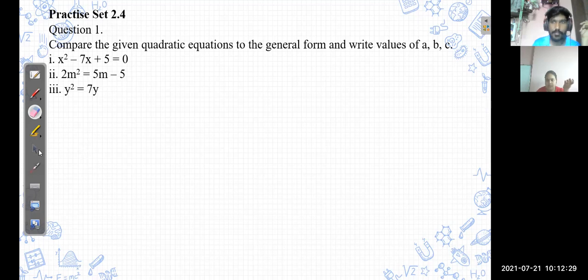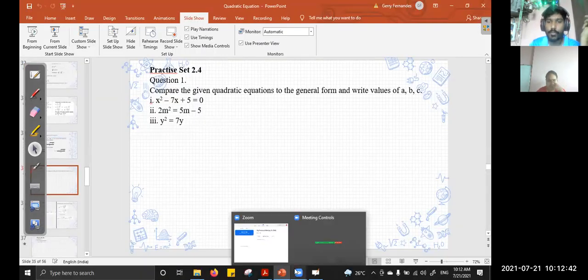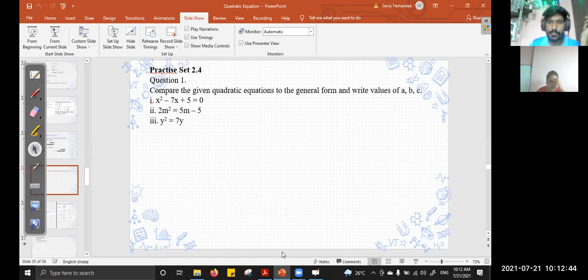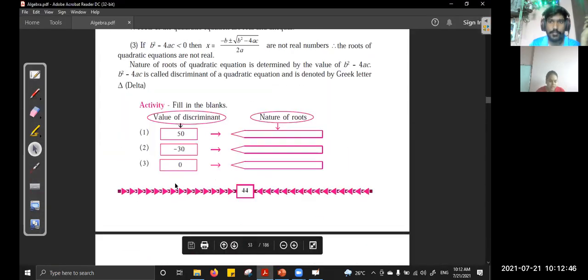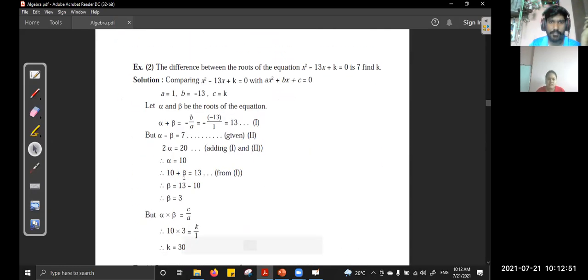Why did we do this? This was just the first sum of your exercise. I'll show you the text. So I should write this? Yes, you do it for homework. You just have to write what A, B, and C are.